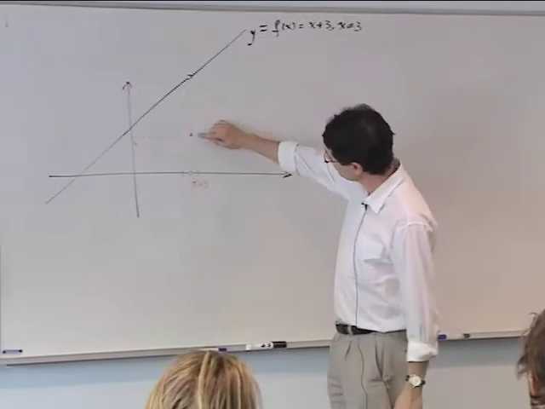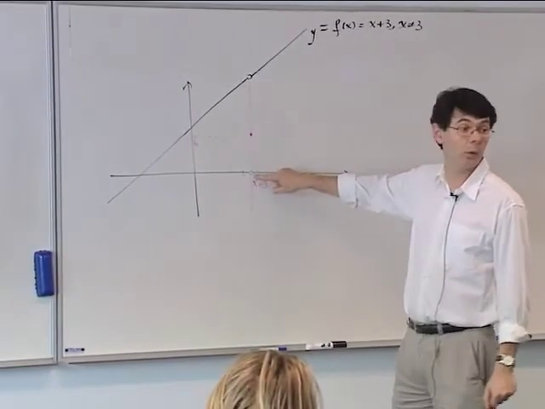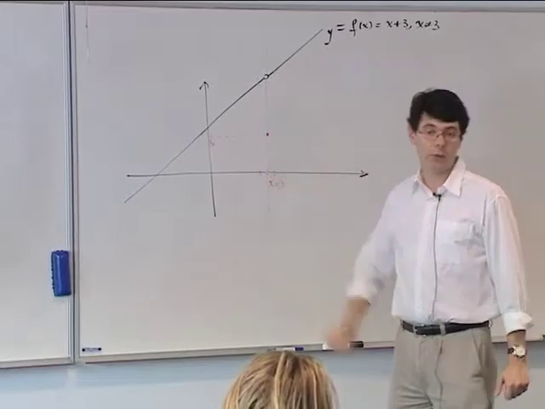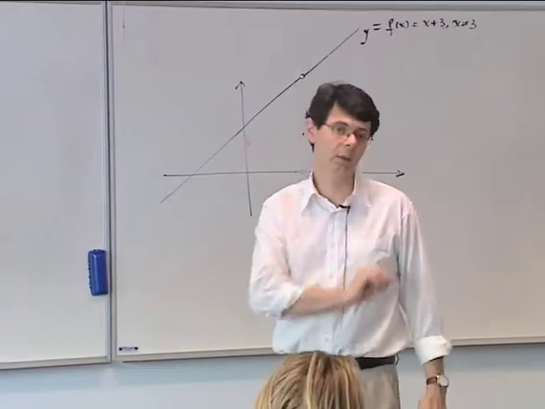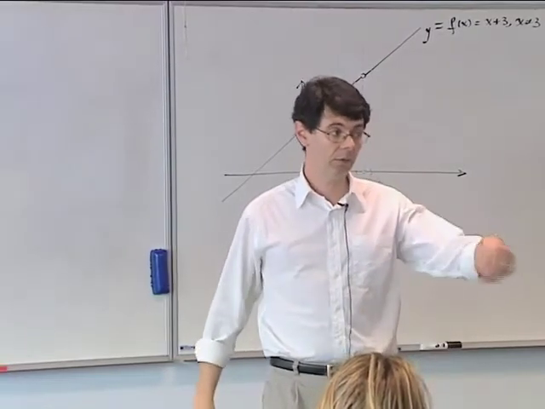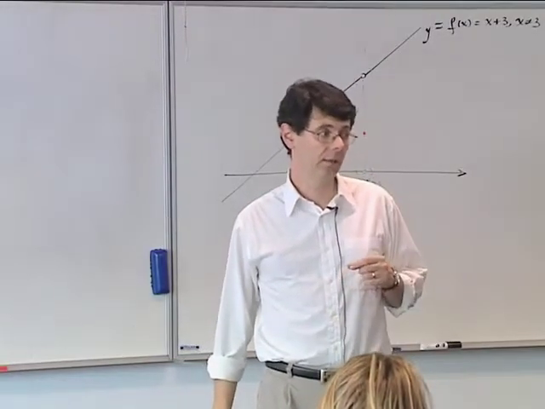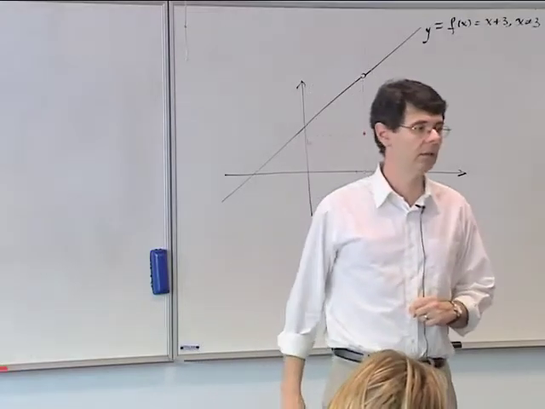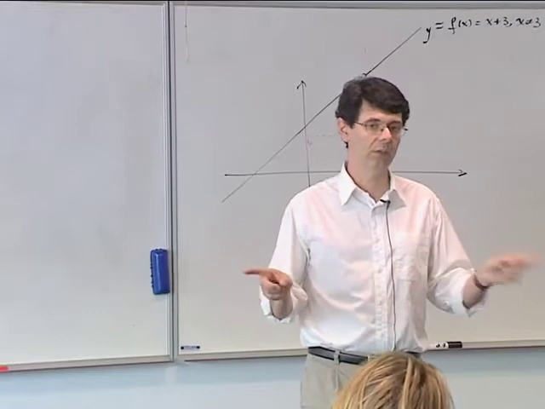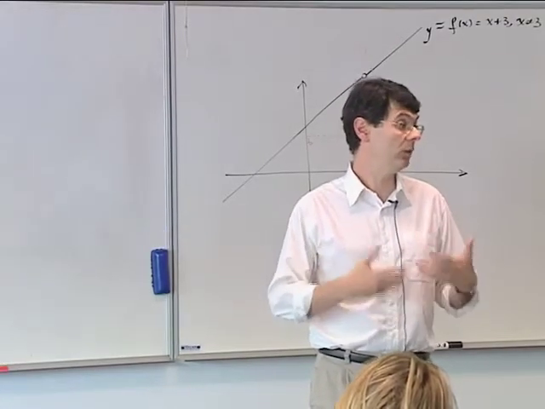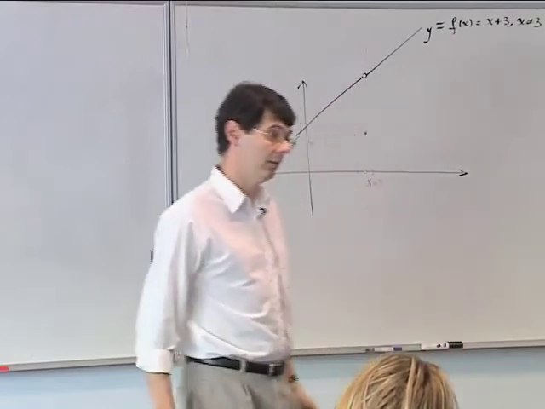Instead of looking at x equals 3, I'm going to look near x equals 3, but not at x equals 3. I am interested in what happens at x equals 3, but I'm not going to substitute x equals 3 there. I'm going to look to both sides of it, very close to it, and see what information I can gather.